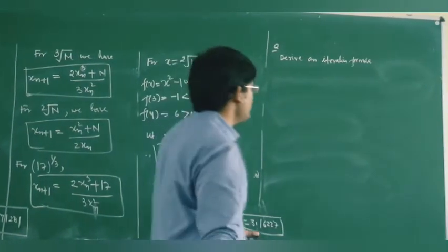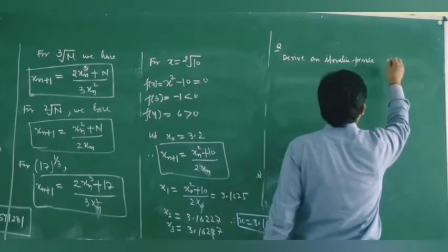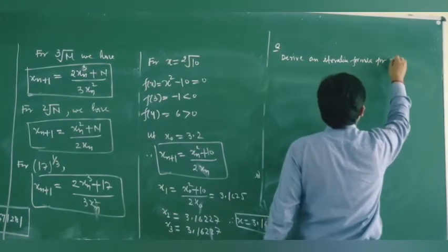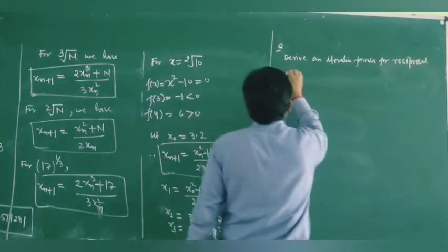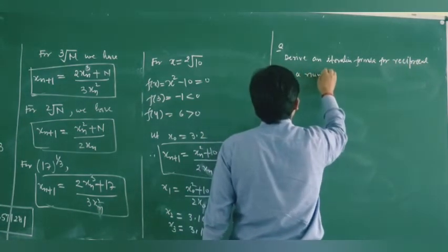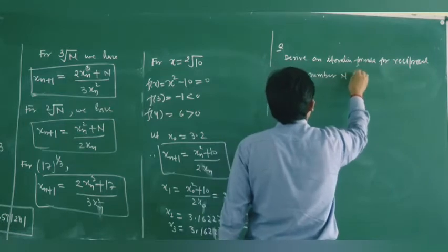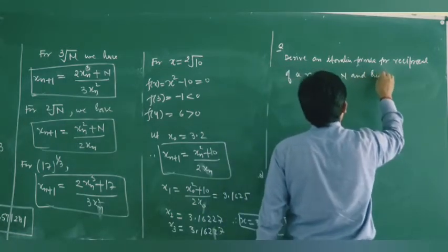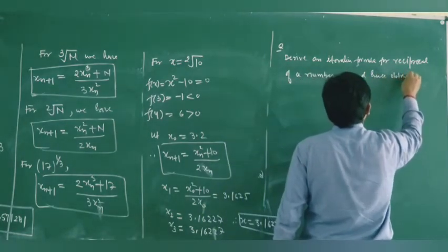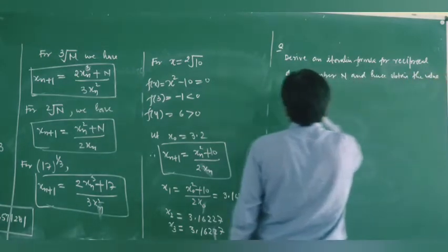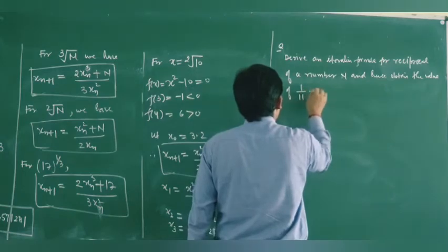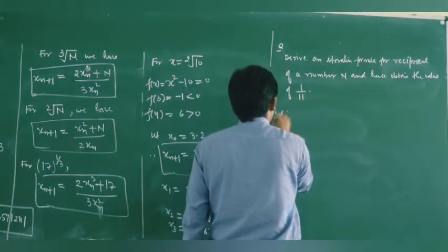So our next question is, derive an iteration formula for the reciprocal of a number n and hence obtain the value of 1 upon 11.